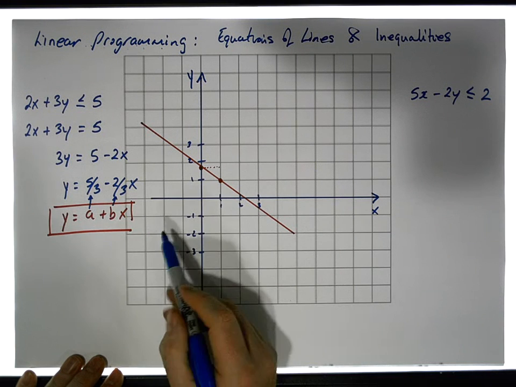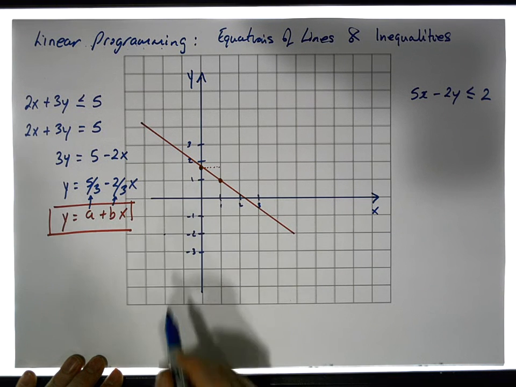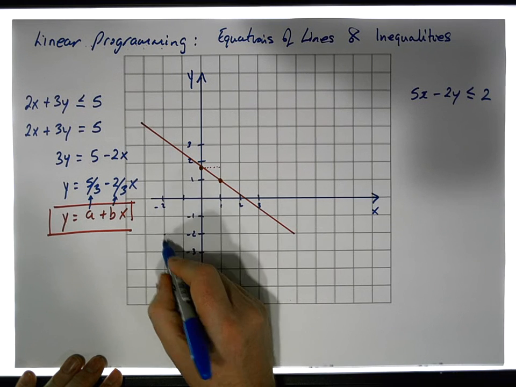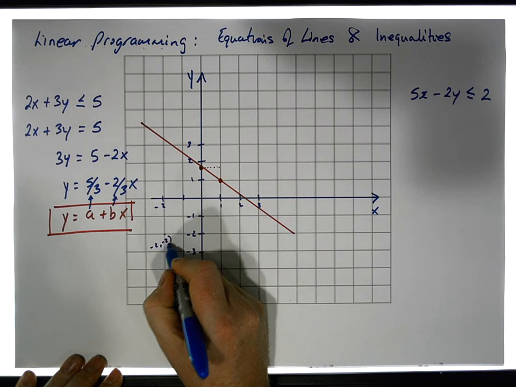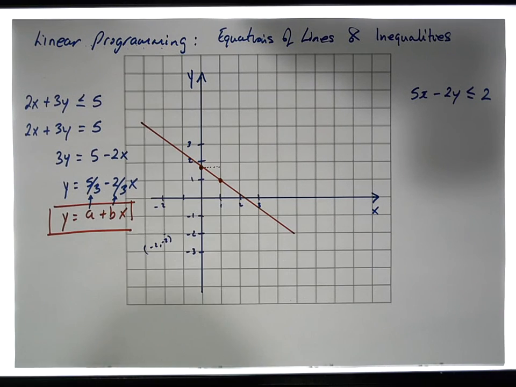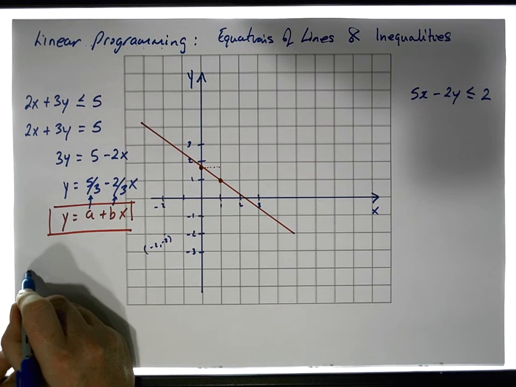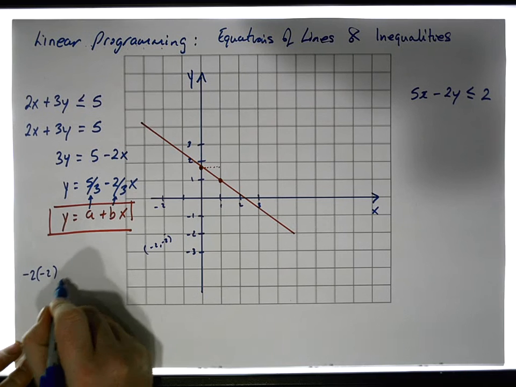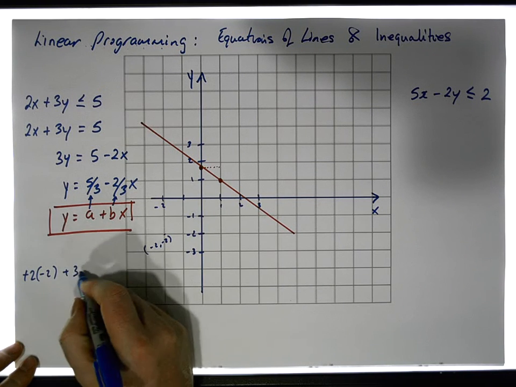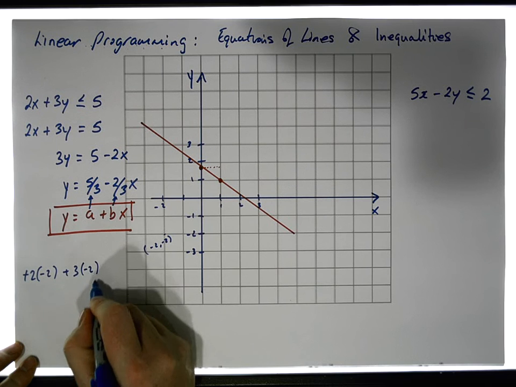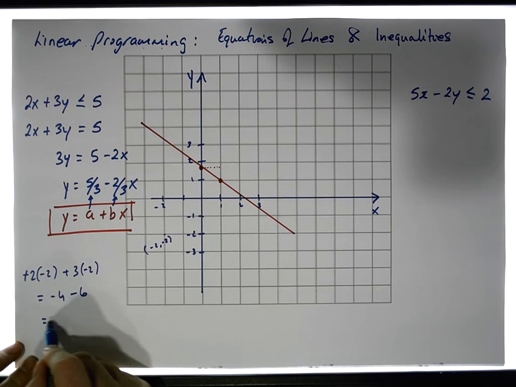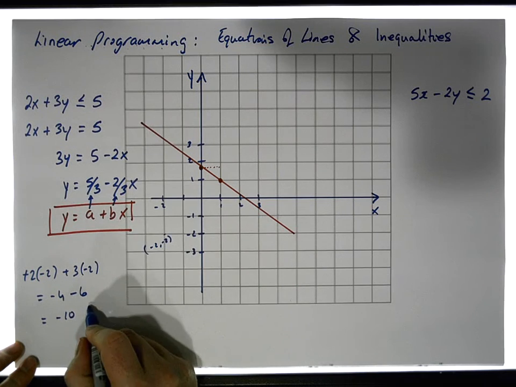Let's say for argument's sake that we pick this point here, which is minus 2. Let's see what this says. When we substitute in minus 2 here, we end up with 2 times minus 2 plus 3 times minus 2, which is minus 4 minus 6, equal to minus 10, which is less than or equal to 5.